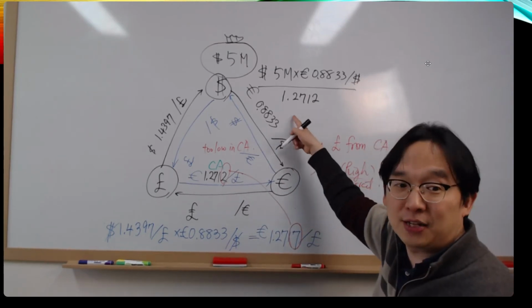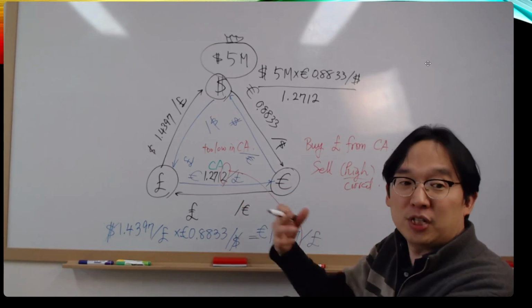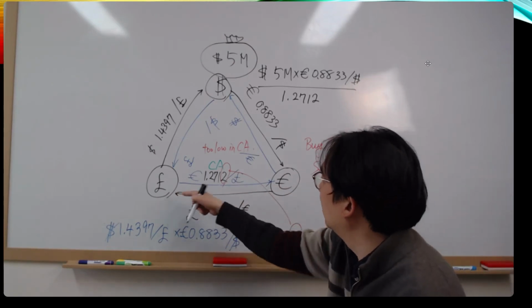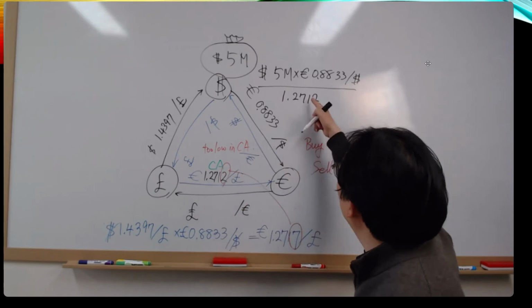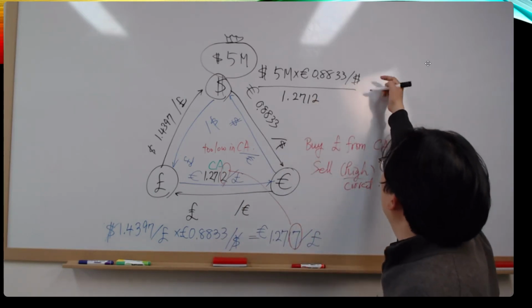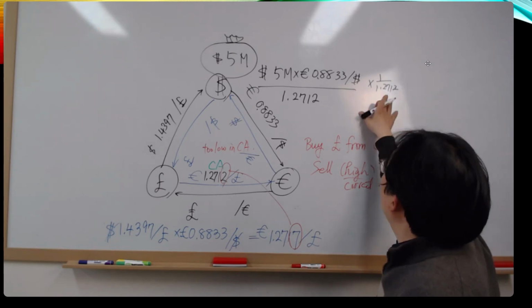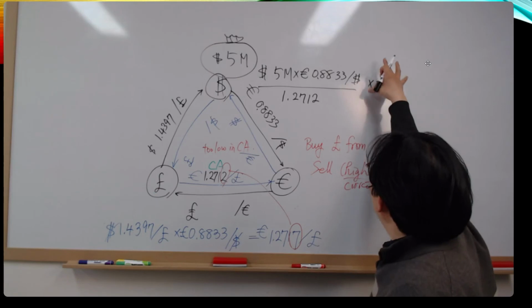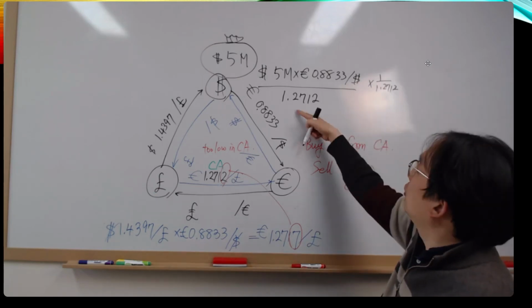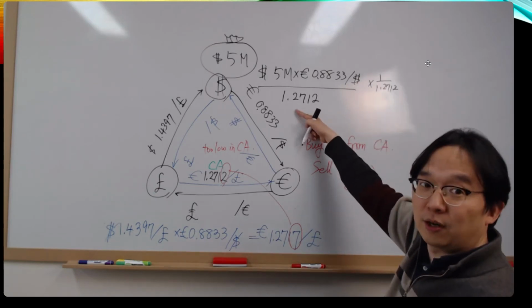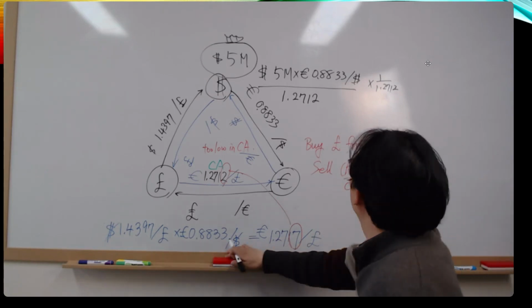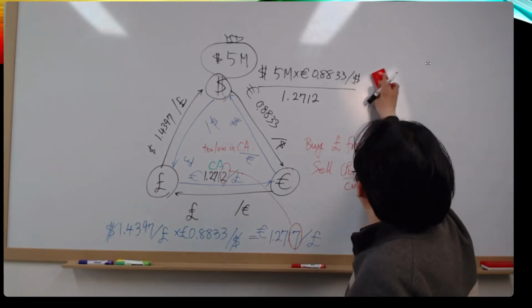It's a divisor. It's a reciprocal because you are going through this way, right? So it's like multiplying 1 over 1.2712, but I am just placing this guy into your denominator as a big number. Okay, so that's what's going on.